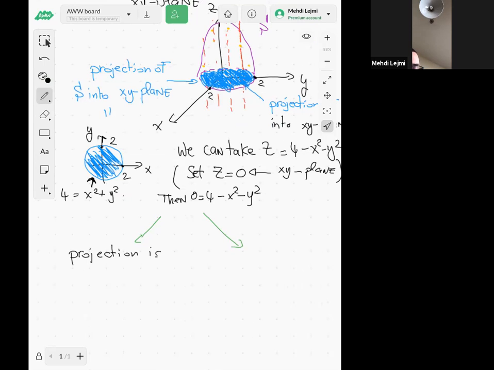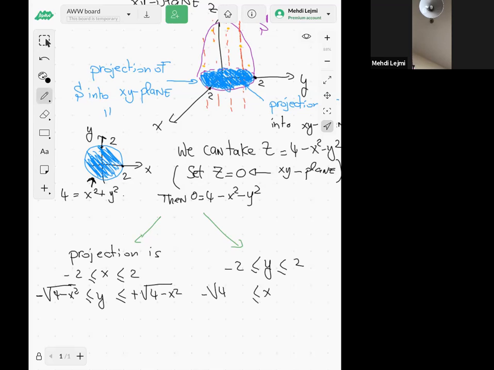You can say, for example, x between -2 and +2, and y between negative square root of 4 minus x squared and positive square root of 4 minus x squared. Or of course you can start with y, saying y is between the constants -2 and +2, and x is between negative square root of 4 minus y squared and positive square root of 4 minus y squared, sorry. All right.